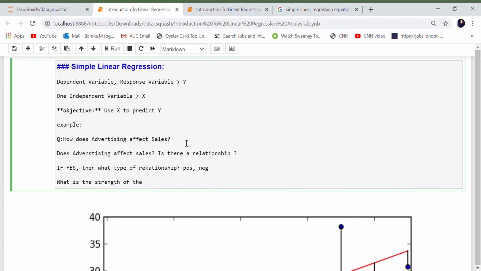So not only do I want to know that, for example, it's a positive or a negative relationship, the more important question is, okay, if I change the money I spend on advertisements by 10%, how much is that going to increase my sales by? This is also a very important question, because that would actually help the company understand how much they should increase or decrease the money they spend on advertisements.